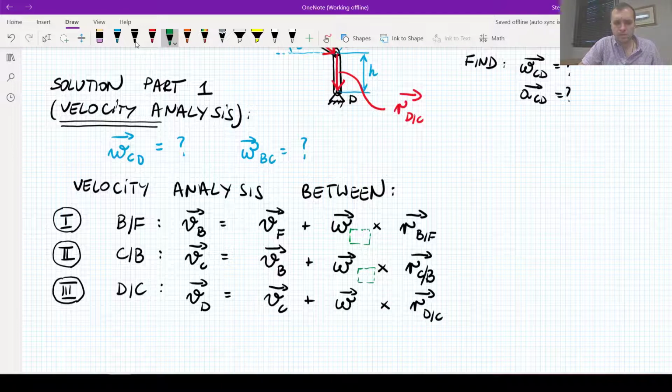Okay, now if you would like to, feel free to pause the video and think what three different bodies, what three different subscripts I should put in here in the subscript of these omegas. Feel free to pause the video.